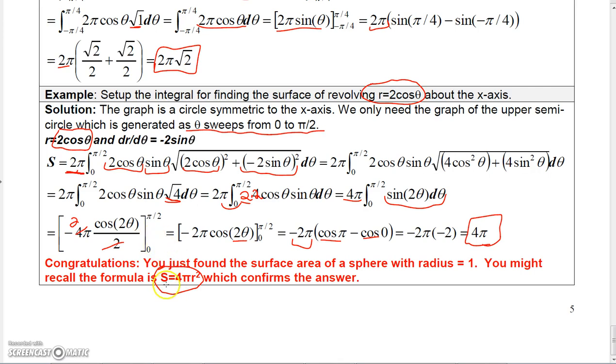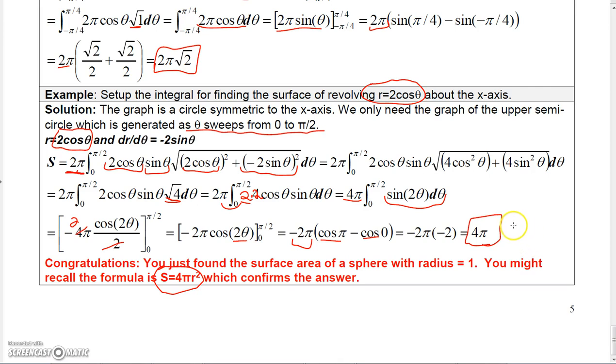So if we use the formula, we can easily see that the surface area of the sphere would simply be 4 pi times 1, which is 4 pi. So I wanted to do that so that you could see maybe where this formula for the surface area of a sphere possibly came from a problem like this.